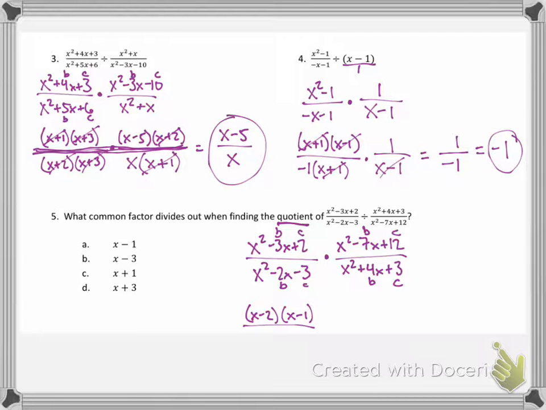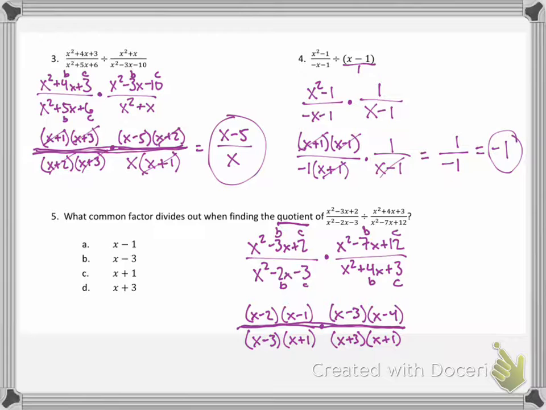Bottom left, what multiplies to negative 3 and adds to negative 2? Negative 3, positive 1. Top right, what multiplies to 12 and adds to negative 7? Negative 3, negative 4. And the bottom right, what multiplies to 3 and adds to 4? 3 and 1.